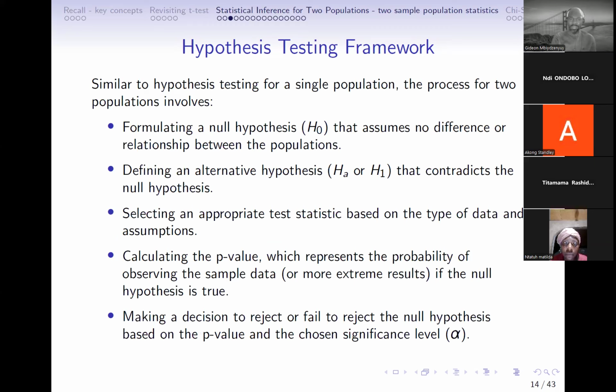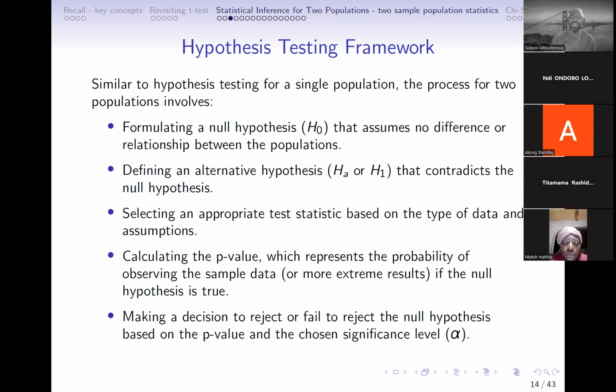Formulate your null hypothesis, which assumes that there is no difference or relationship between these two populations. The only difference now is that you are testing two populations, for either some difference in behavior or no difference. That would often be your null hypothesis. Your alternative is to contradict that statement.